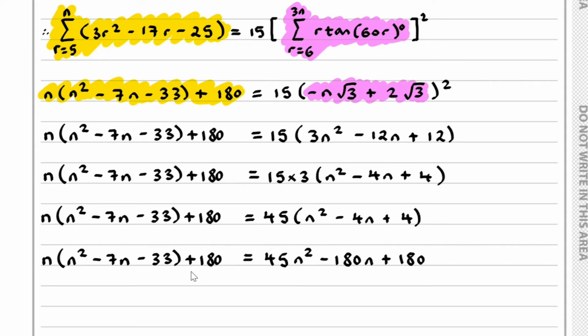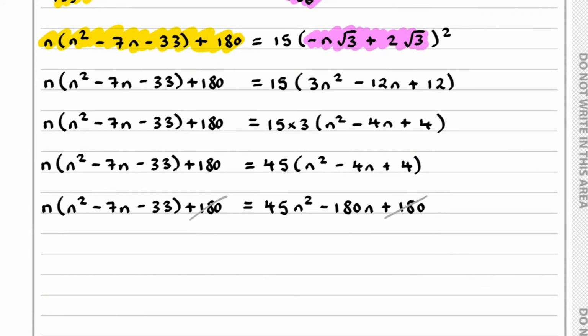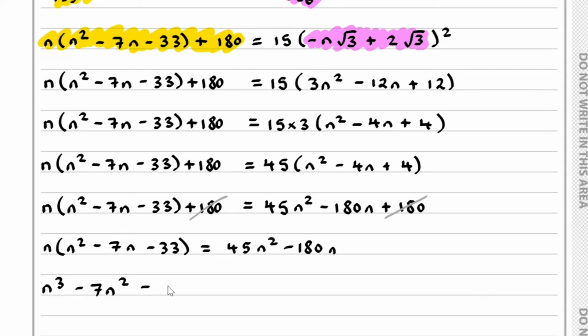And hopefully at this point you can recognize the 180s cancel on both sides. So I have n times n squared minus 7n minus 33 equals 45n squared minus 180n. Expand the brackets, so I have n cubed minus 7n squared minus 33n, and then on the right hand side 45n squared minus 180n.